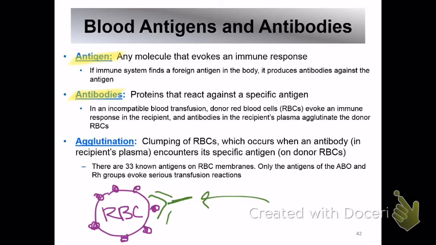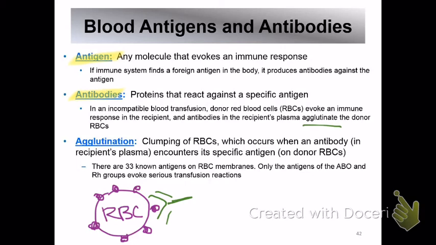They attack it, and then it starts to all clump together. So it makes a big clump of the wrong red blood cells and antibodies. So it says, evoke an immune response in the recipient and antibodies in the recipient's plasma. Coagulation, that's clumping the donor's red blood cells.